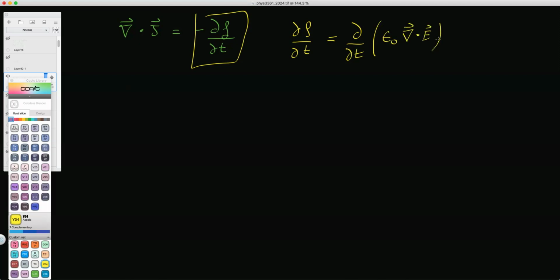I just solve for rho. Then I can switch everything around, keeping the epsilon naught in there: epsilon naught partial E partial t. I just switch the order of derivatives, which I'm always free to do. So the correction is, remember, let's go back to where our problem was.